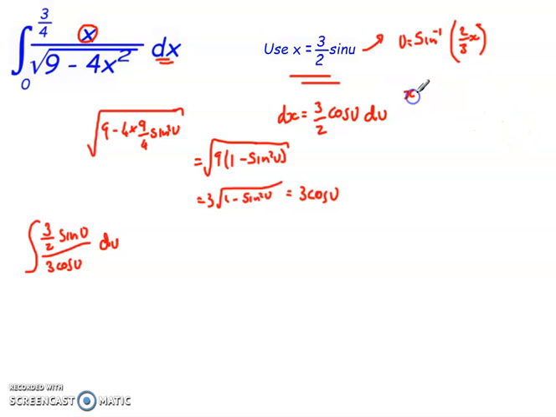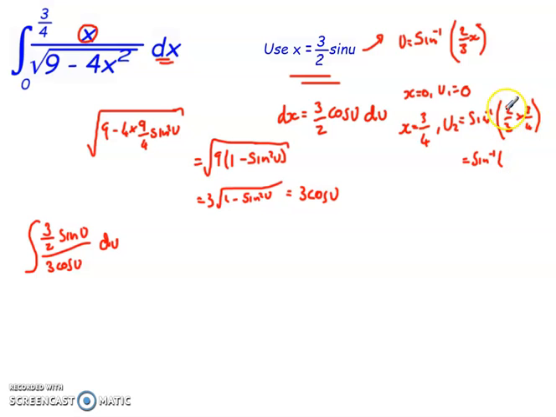So if I substitute x equal to 0, my lower limit, u1, that's going to be sine minus 1 of 0, well, that's just going to be 0. If I substitute in the second value of x, so x is equal to 3 over 4, my second limit, u2, that's going to be given by sine minus 1 of 2/3 times 3/4.